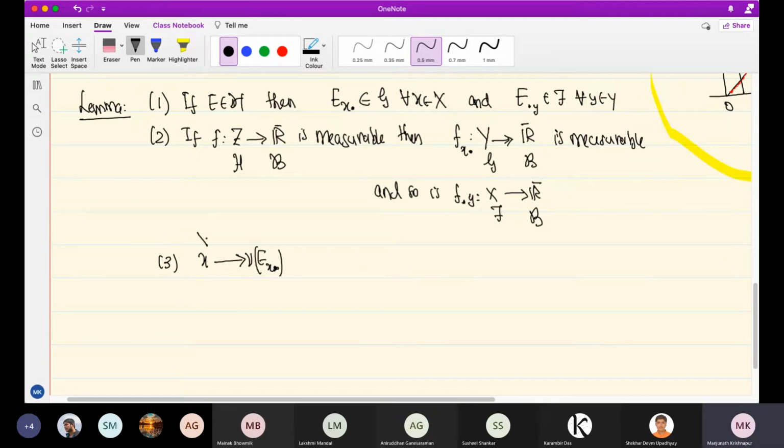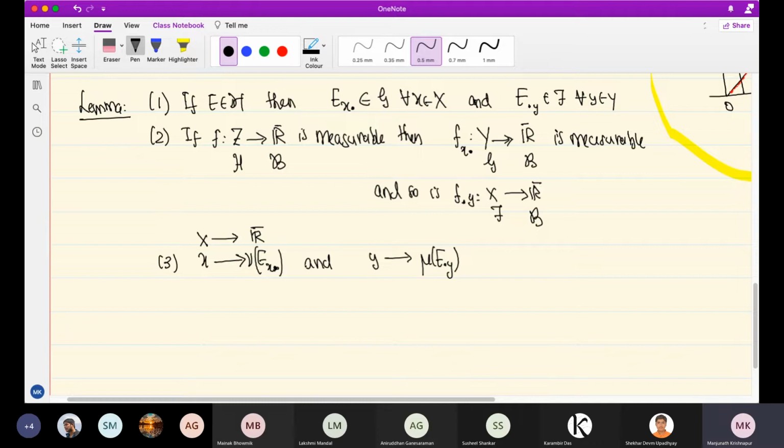So this is a mapping from x to real numbers, and I can take similarly y going to, if I look at E^y, that is in F. E^y is in F, so I can take mu of that.